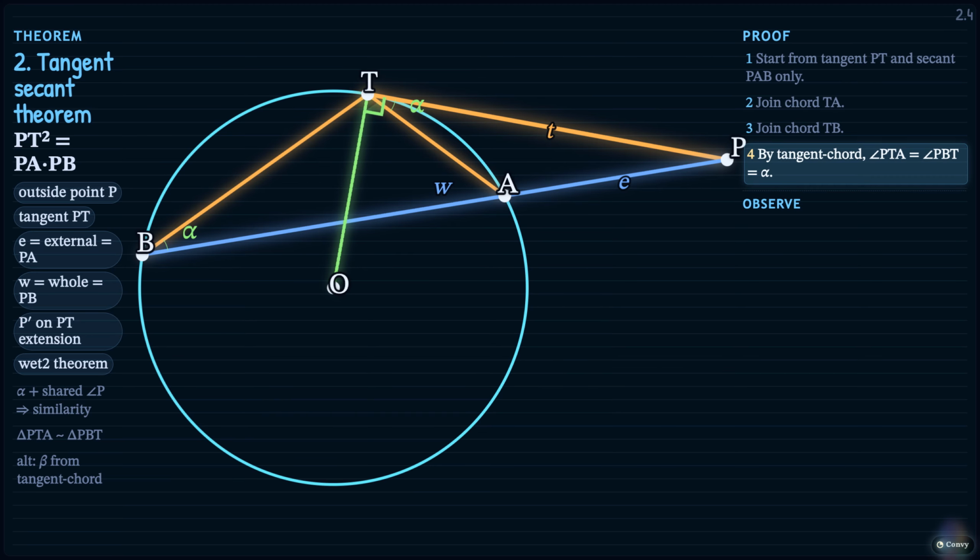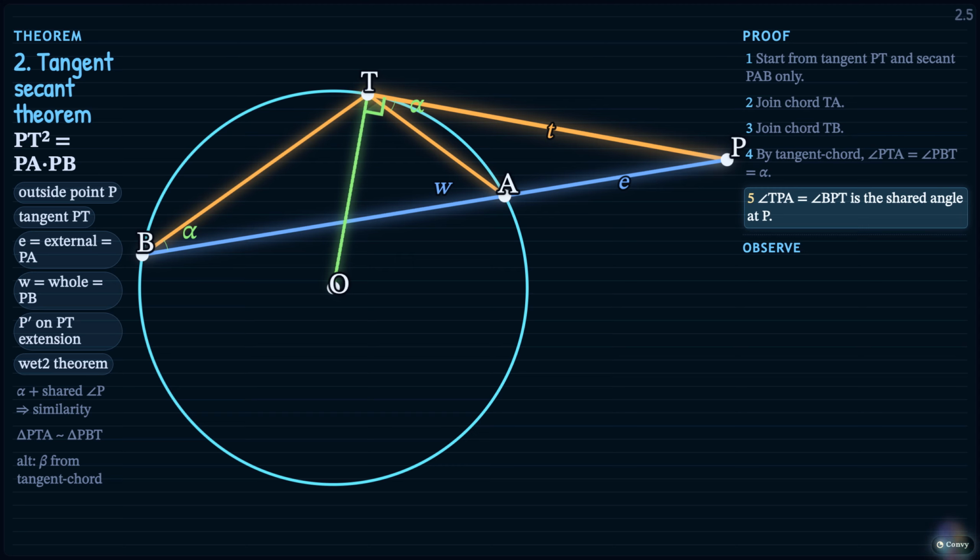By the tangent-chord theorem on chord TA, angle PTA equals angle PBT, both alpha. At point P, the angle TPA is the same as the angle BPT because they use the same secant line through point P. Hence, triangle PTA is similar to triangle PBT.